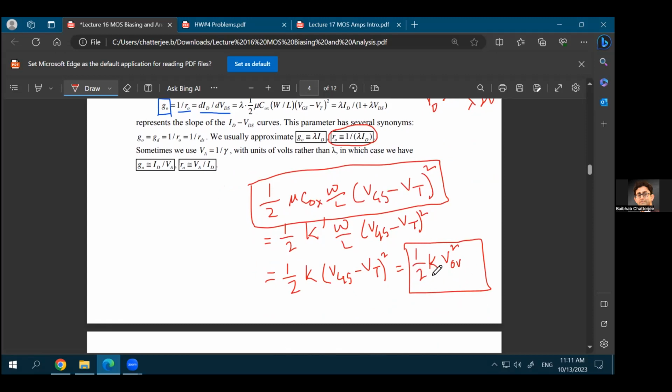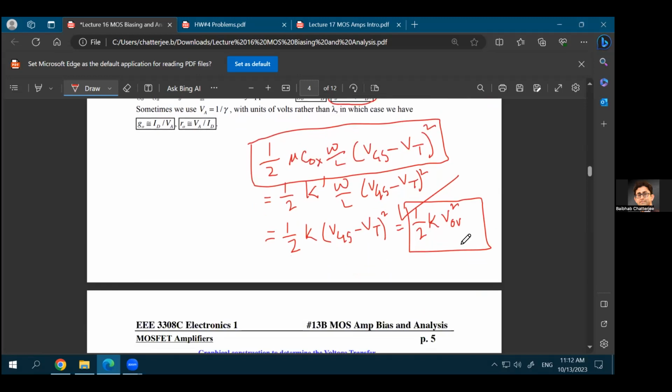And this is very easy to remember, right? Half of K times V overdrive squared, that's it. You can represent K as K dash times W over L, and K dash again as mu times COX, and V overdrive as VGS minus VT. But this is all you need to remember in terms of the equations.